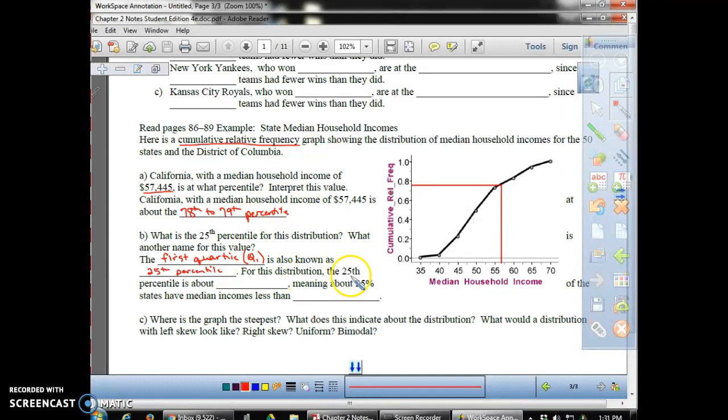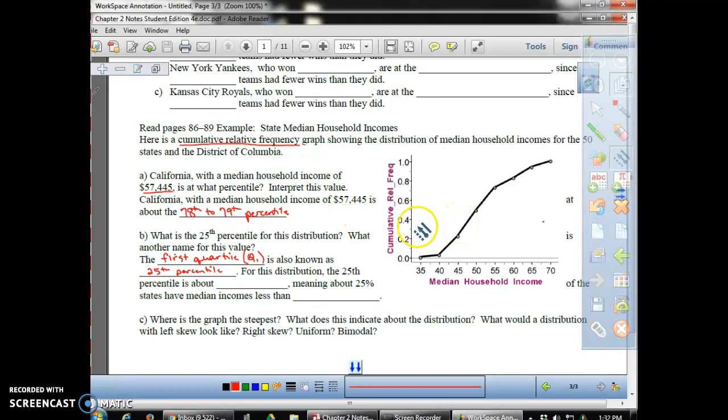For this distribution, the 25th percentile is about, so let me erase this and we'll go back to look at that. So what I want to do is find 25% for the cumulative relative frequency. And just remember, cumulative just means that the observations are basically accumulating as you go to the right. So by the time you get to the far right, you have 100% of the distribution.